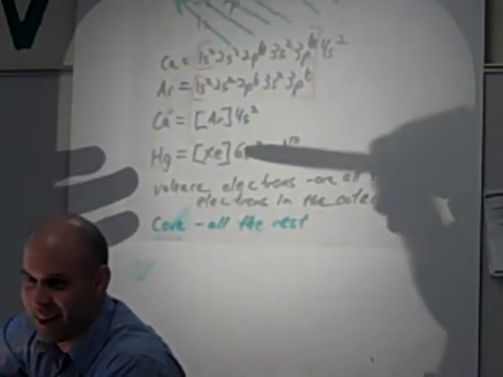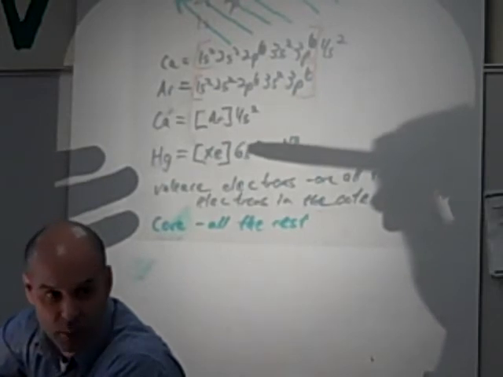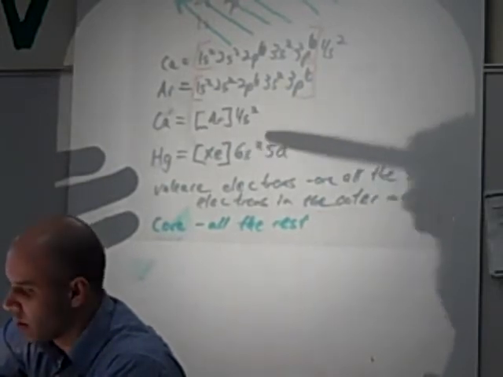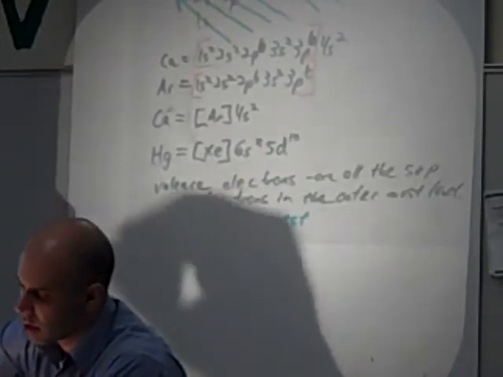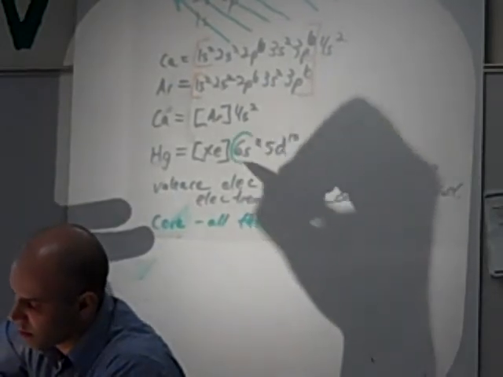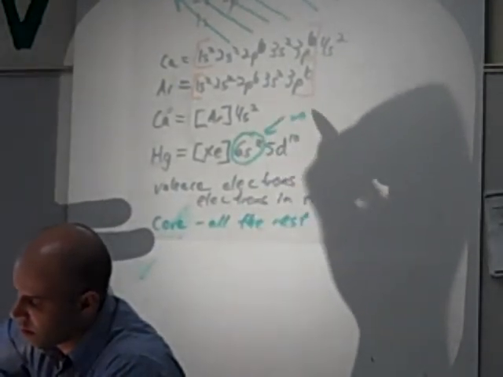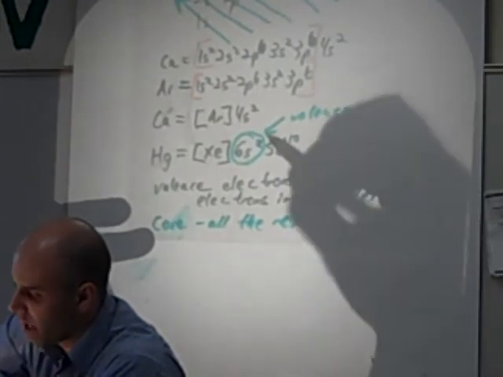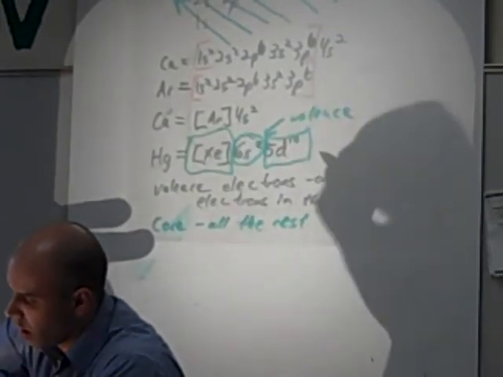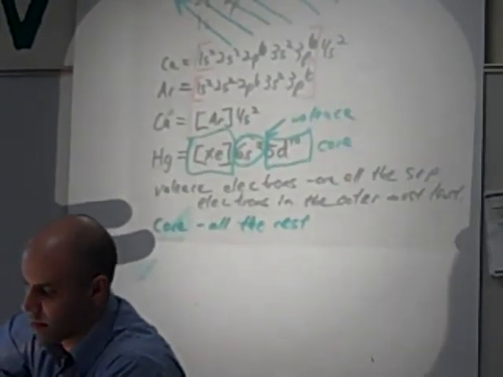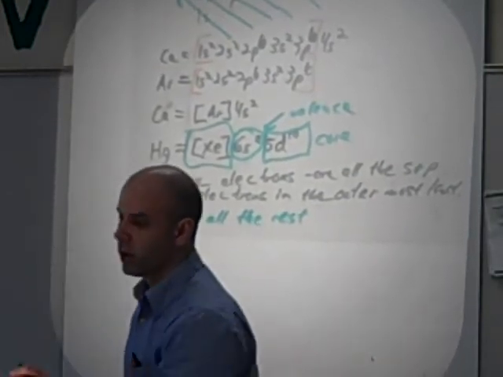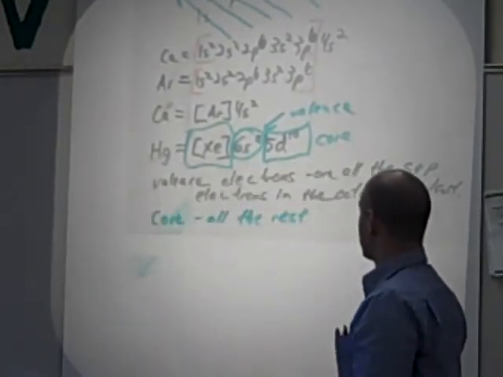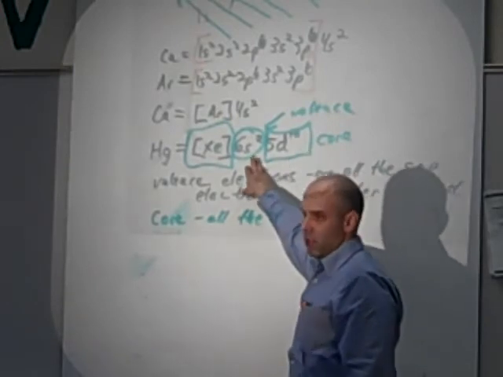So whatever is the highest number, that's the outermost level. So all the S and P's in the outermost level, these are my valence. Everything else are core. So it's only the S and P's. These are never included as a valence.